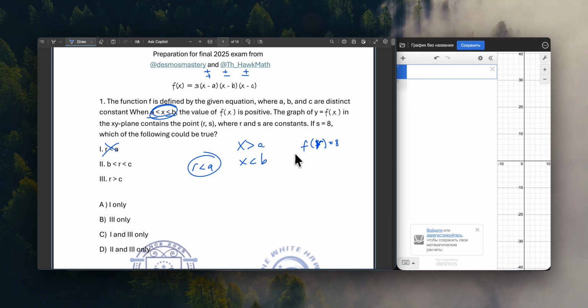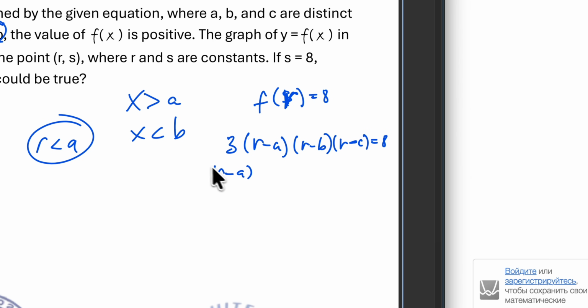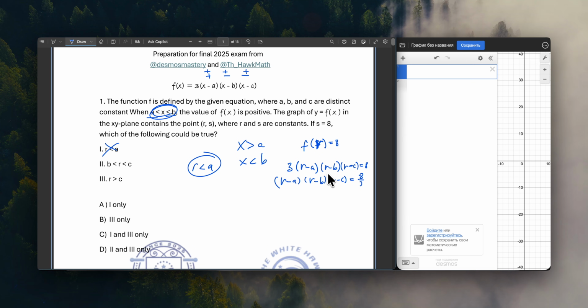In order to answer, we need to plug in. So we have something like 3 times (r minus a)(r minus b)(r minus c) equals 8. So (r minus a)(r minus b)(r minus c) is 8 over 3. That's the positive value as a function.